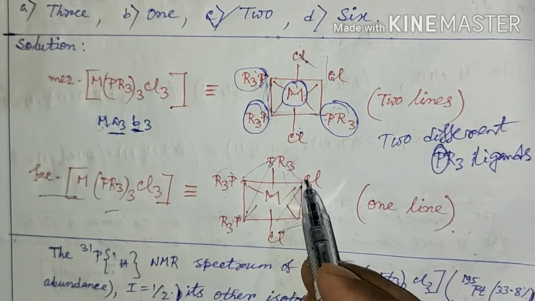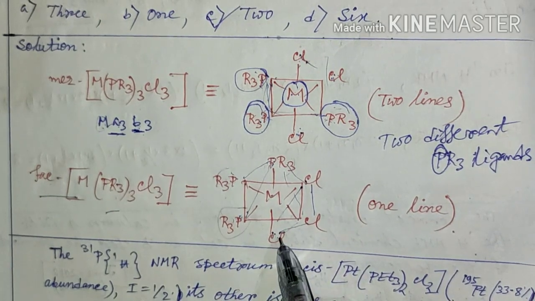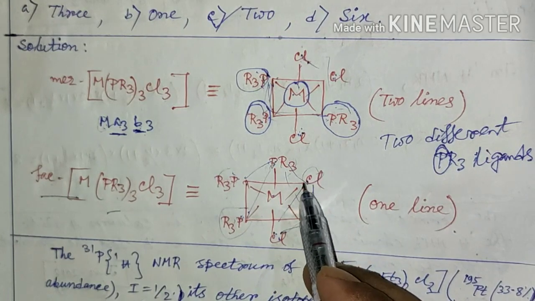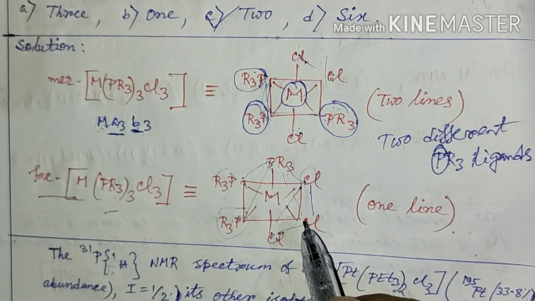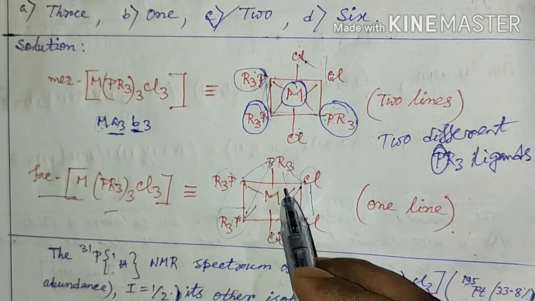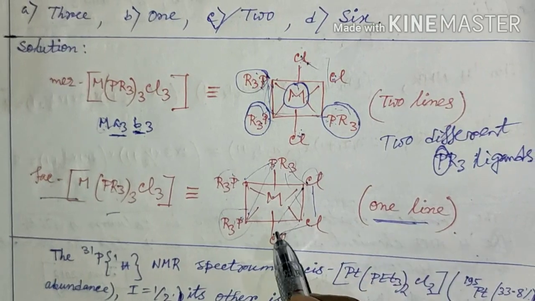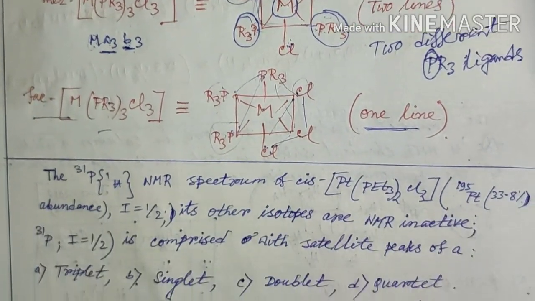For this and this, chlorine is cis and this chlorine is trans, and for this and this, chlorine is cis and this chlorine is trans. That means all the three ligands are equivalent, and for this reason in 31P proton decoupled NMR there will be one line for this facial complex. Now let's see the next question.